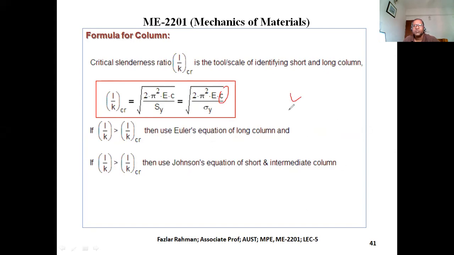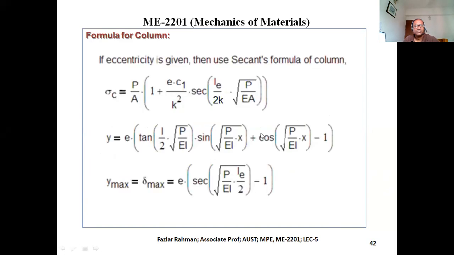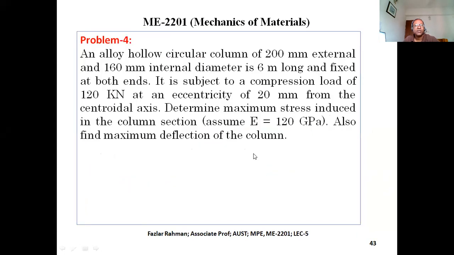Then you figure out your own L by K. If your L by K is greater than this value, it is a long column and you use the Euler equation. If it is less than this L by K, then you use the short and intermediate column equation. Right over here is the second formula.